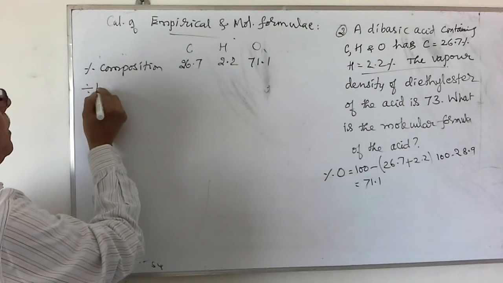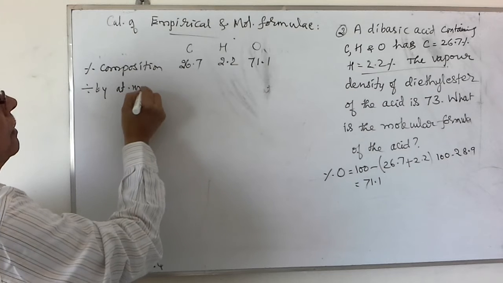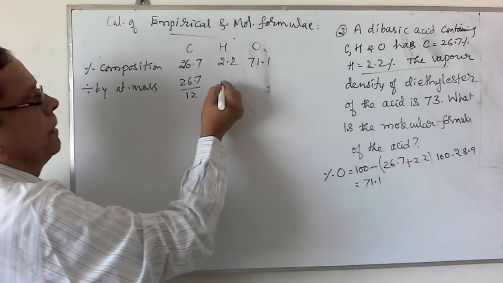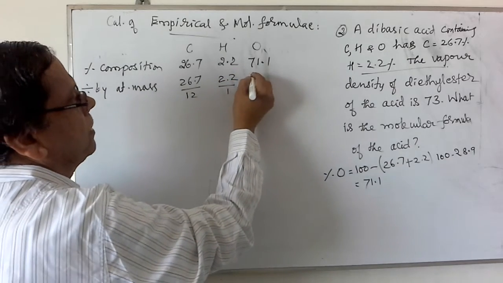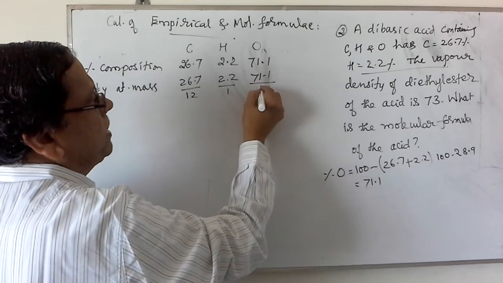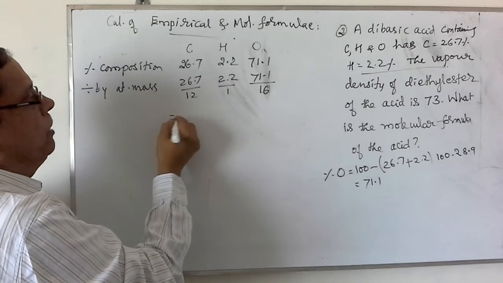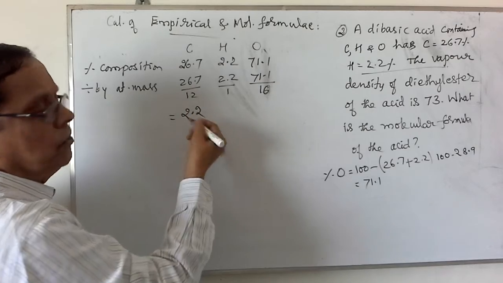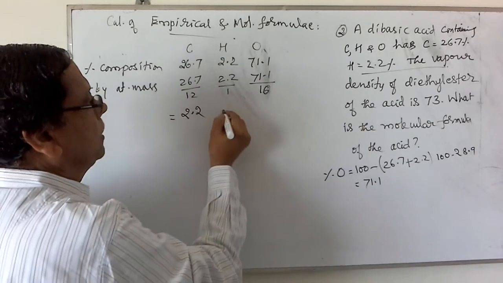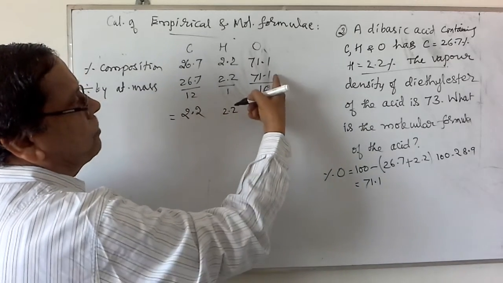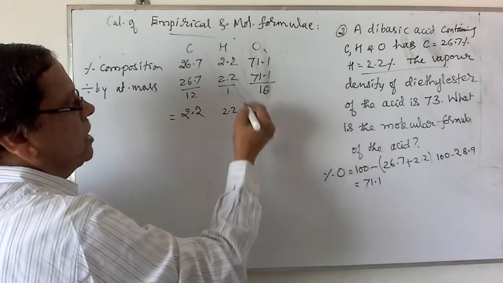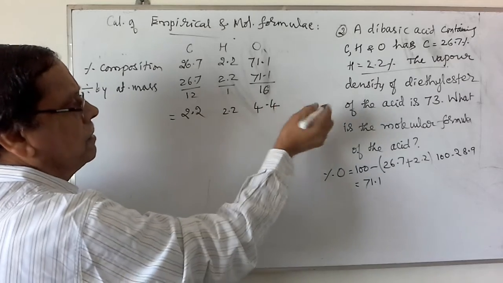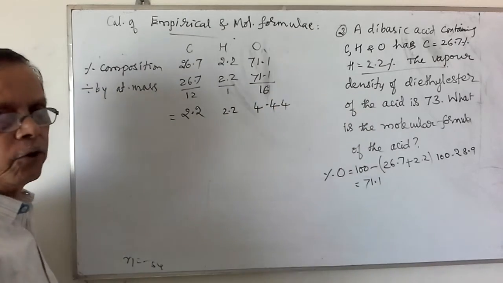Divide by atomic mass: 26.7 divided by 12, 2.2 divided by 1, 71.1 divided by 16. This will be about 2.2, 2.2, and 4.44.